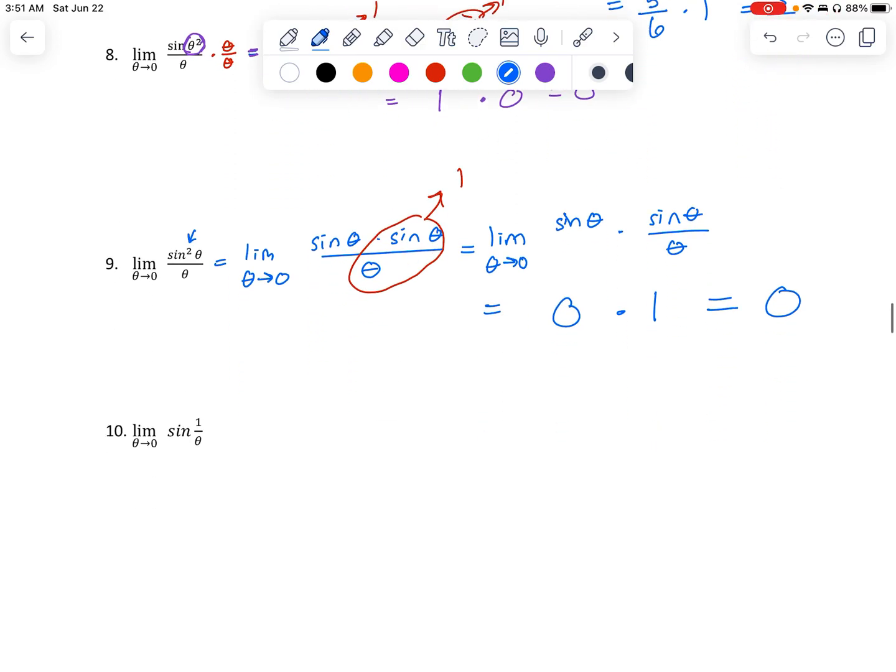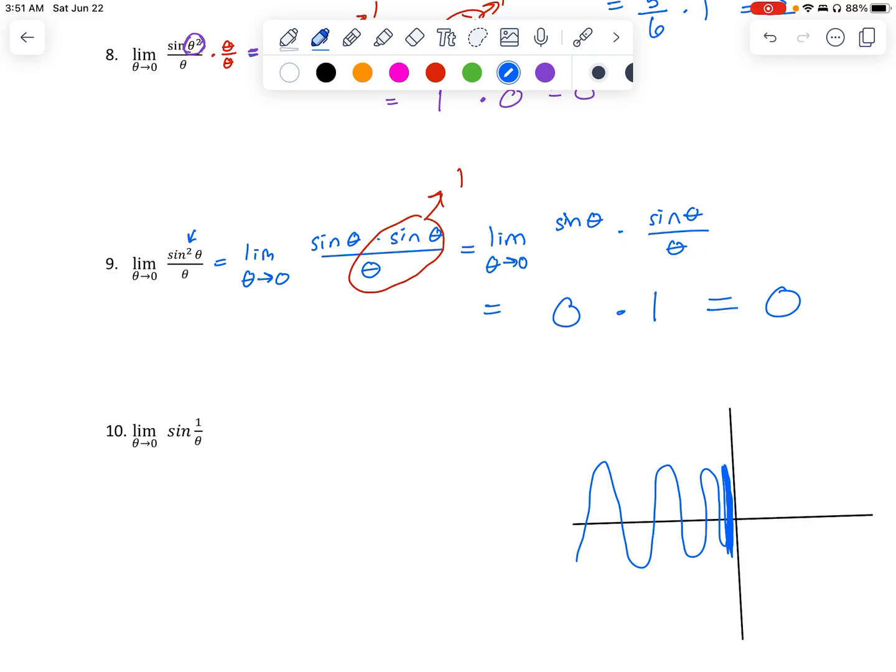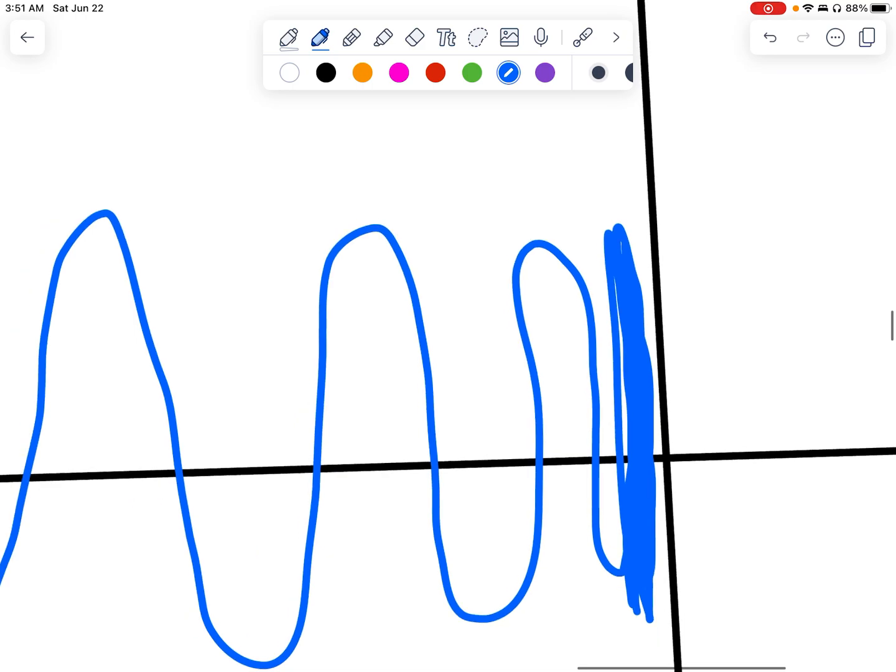Number 10 is a little different. 1 over theta is a funny one because you can't ever plug in a 0 for that denominator. That function behaves like a sine function, but as it gets closer and closer to 0, it just keeps going up and down and up and down, but it can never cross 0. It gets infinitely closer together as it gets to 0, but never crosses.